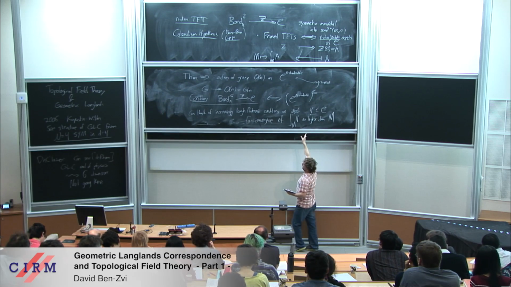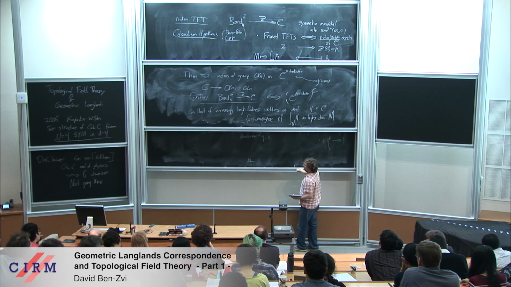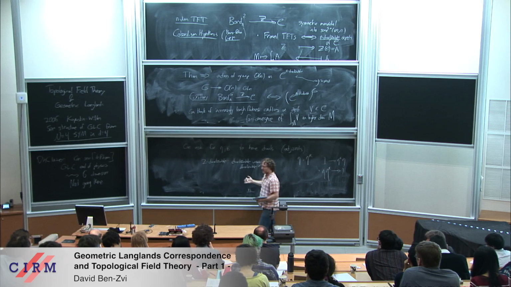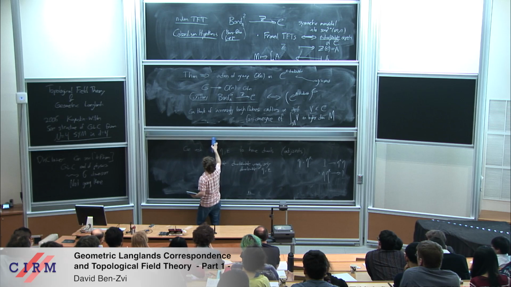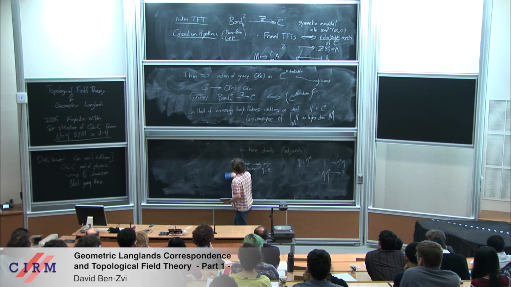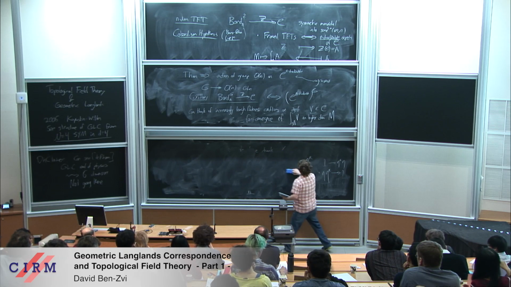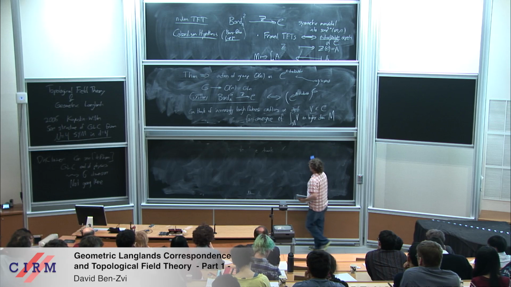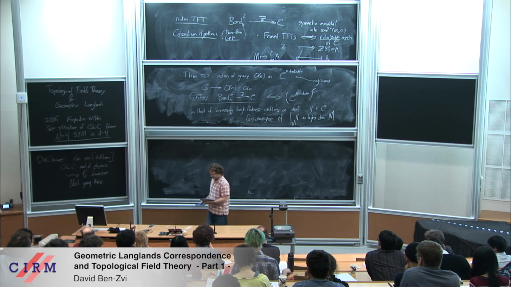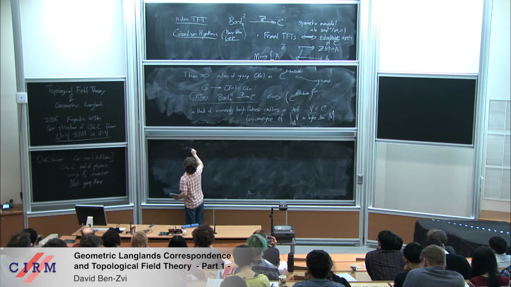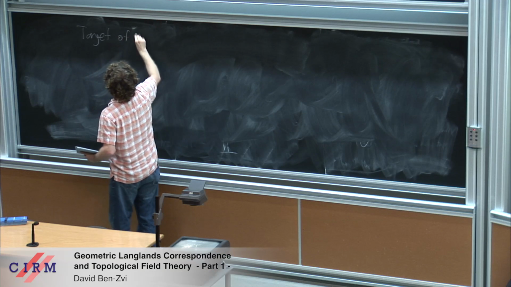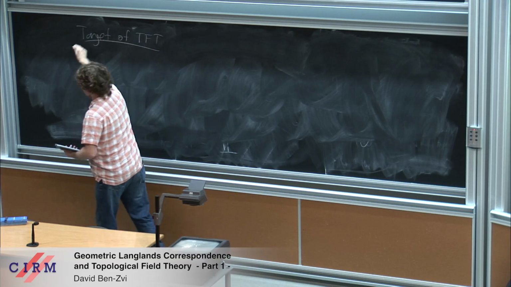So when I think about a topological field theory, I'm always going to have a certain kind of target in mind. When I say a field theory to a physicist, the target C is not some random thing. It lives in some C-linear world. So what's the target that we're going to be interested in for topological field theories?